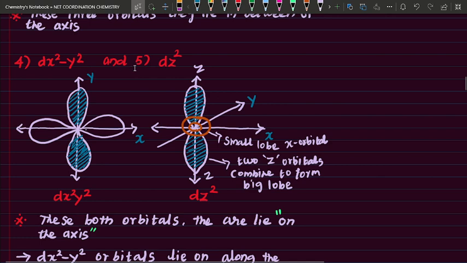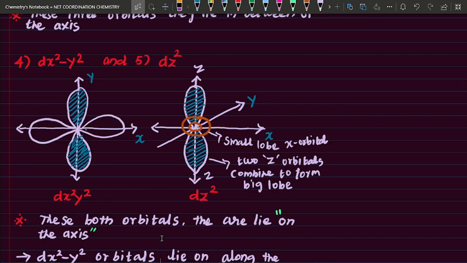Here both orbitals combine together and give the new orbital, dz square. See here, this is dx square y square. Here in dz square there is a small lobe and a big lobe; the two z orbitals combine to form the big lobe.